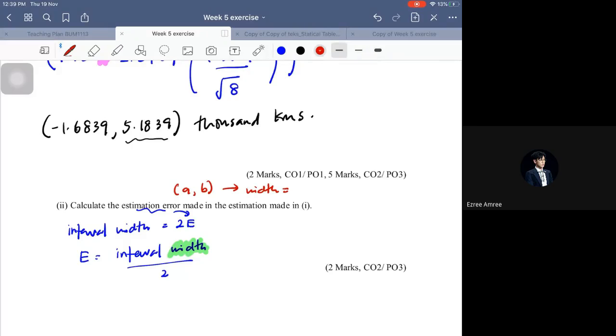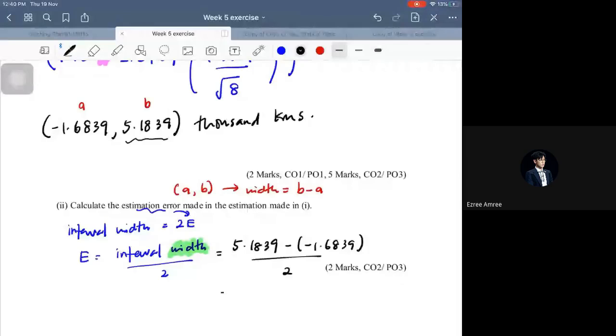The upper bound minus the lower bound. For this case, this is our A and this is our B, so just substitute. This equals 5.1839 minus negative 1.6839, divided by 2.